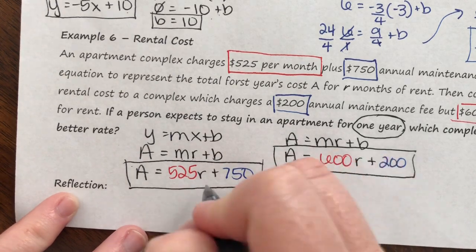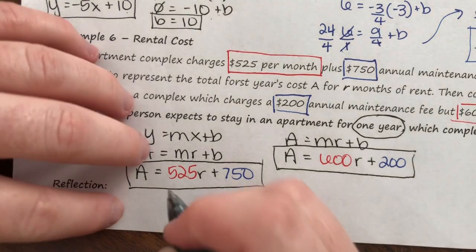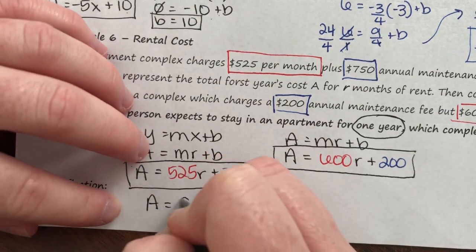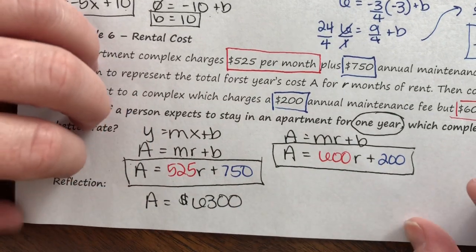Okay, so if I plug 12 in here, I don't have my calculator. Dang it, I'll do long multiplication. 525 times 12. I get $6,300 for the year for this guy. If you have your calculator, you are welcome to use that.